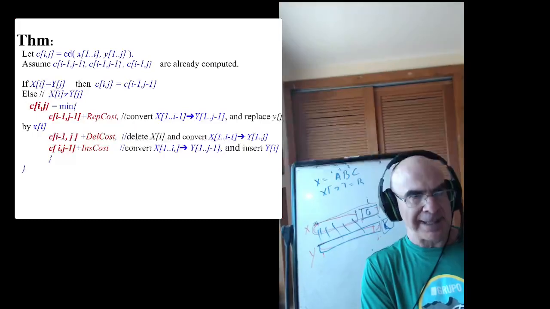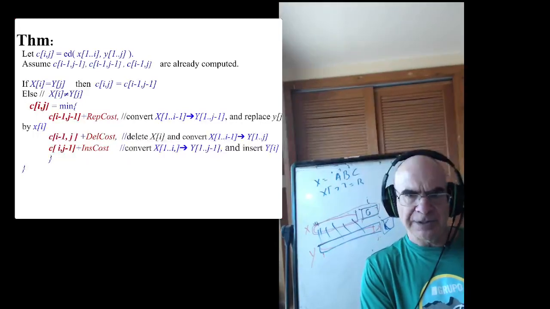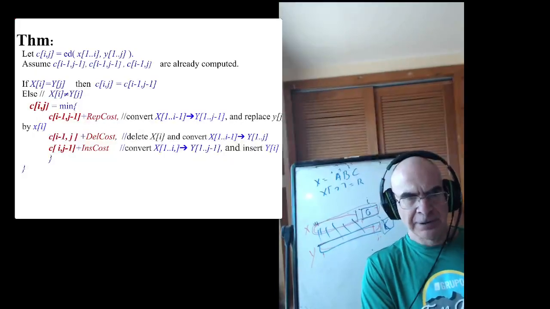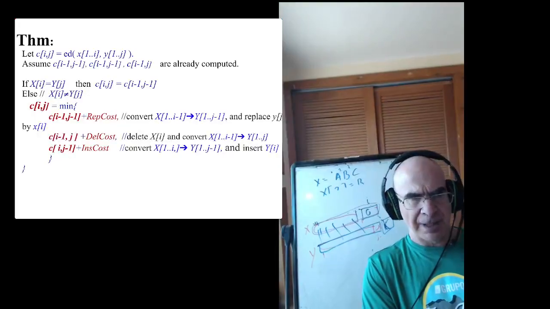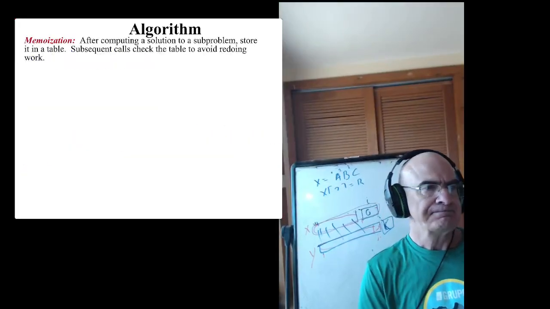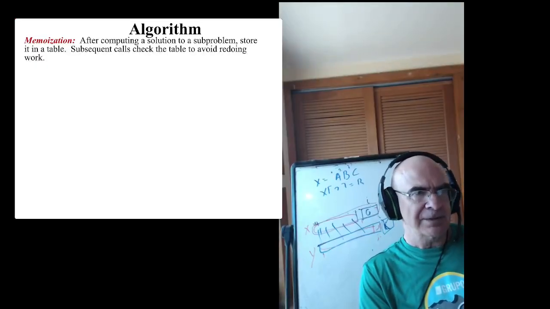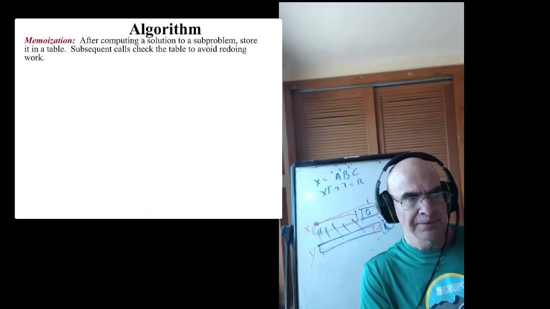Let's see what it makes the algorithm into. This time I'm not going to go through the whole exercise of first giving you a recursive and very exponential time algorithm. Because of the similarity to the edit distance and the LCS, I'll just jump to the code directly. In the algorithm, after computing the solution to a subproblem, we store the solution in a table.